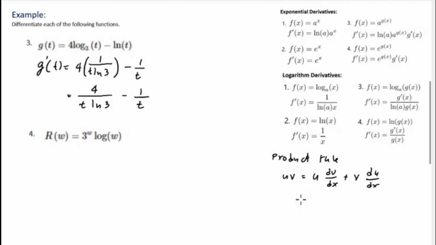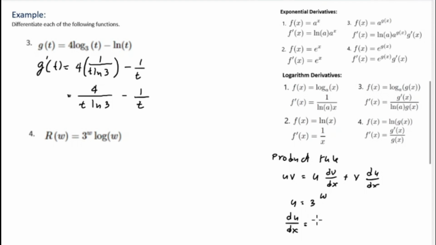And in this case, u is equal to 3^w. So the derivative du/dx of 3^w, based on the exponential derivative, a^x where a is the constant 3 and x is w, is equal to ln of a multiplied by a^x.